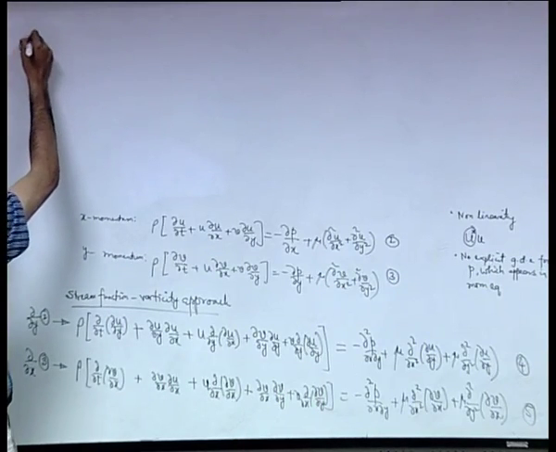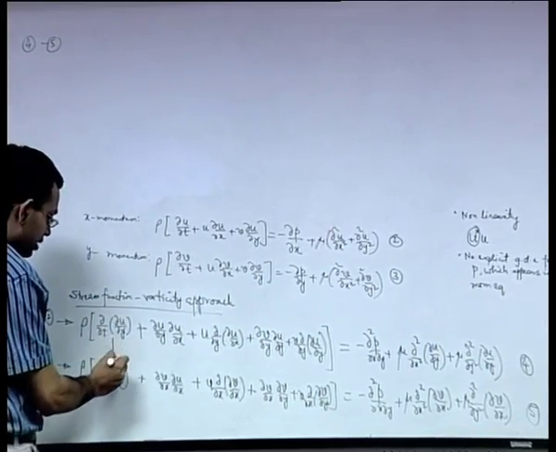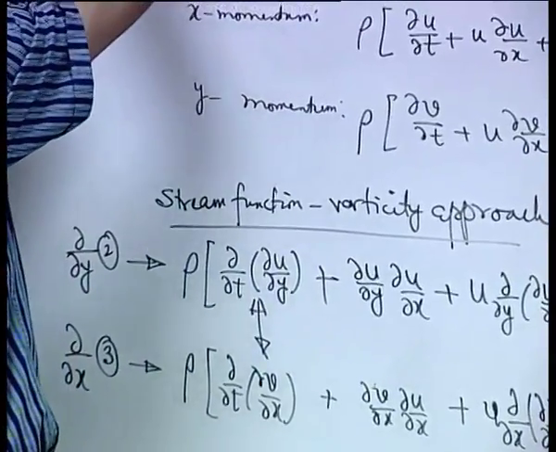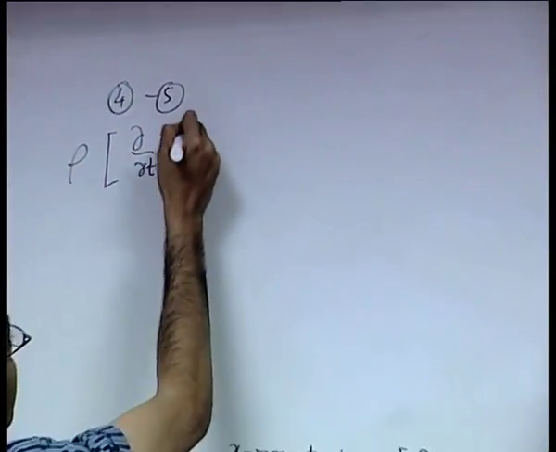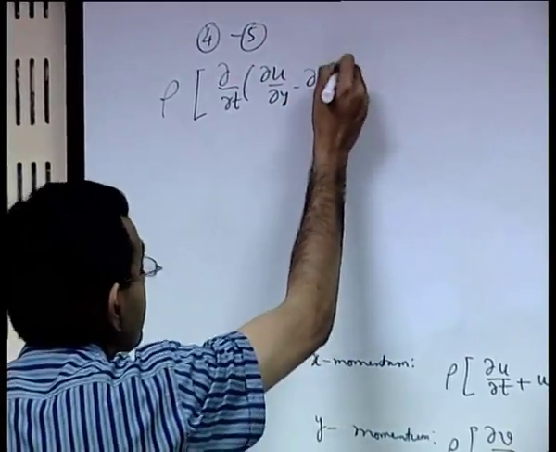So, equation 4 minus equation 5. So, before subtracting, let us try to identify some common terms or similar terms. First, these two terms are similar. So, if you combine these two, you will have rho del del t of del u del y minus del v del x.